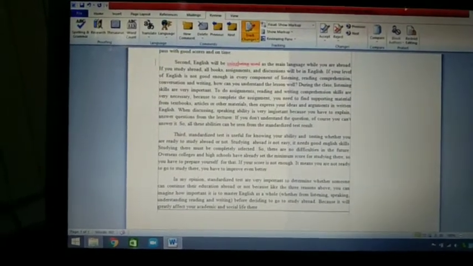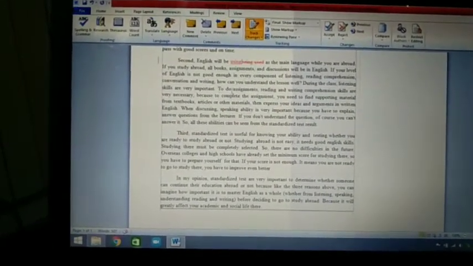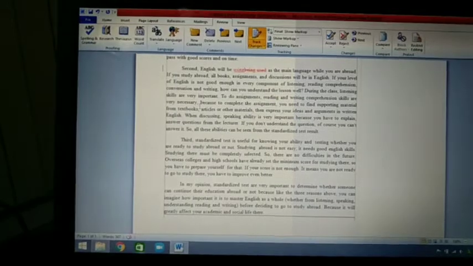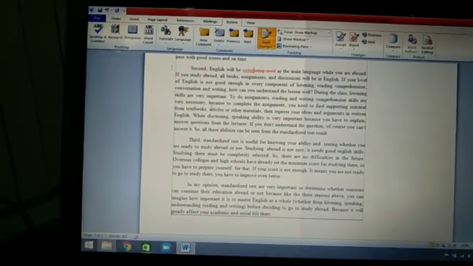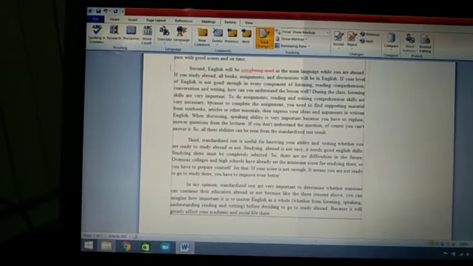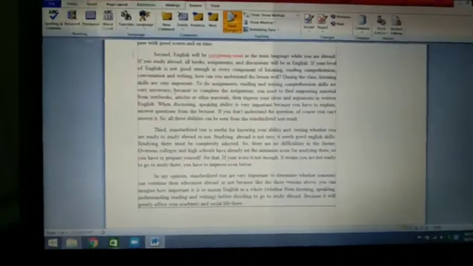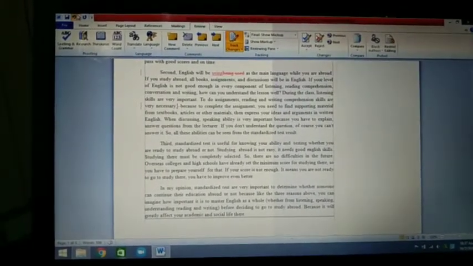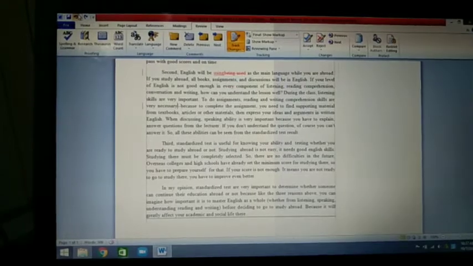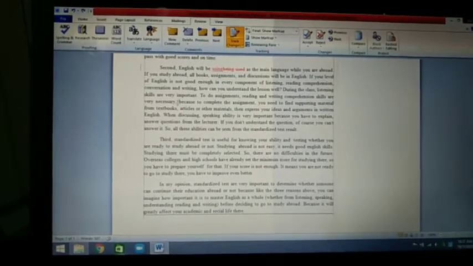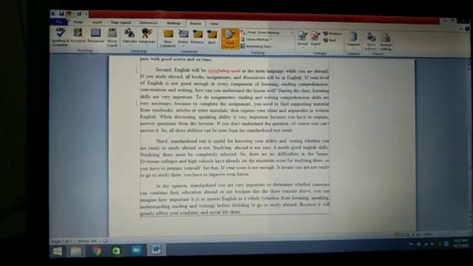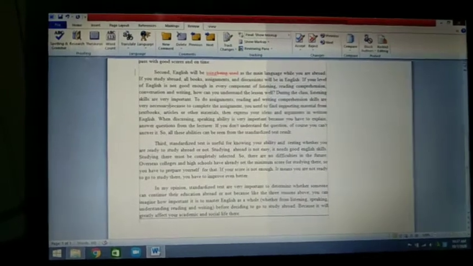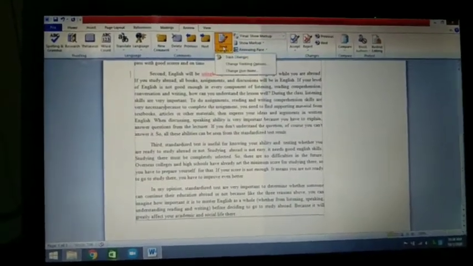Wait, I need to read this again. To do assignments, reading and writing comprehension skills are very necessary. Oh, we need to put a dot.